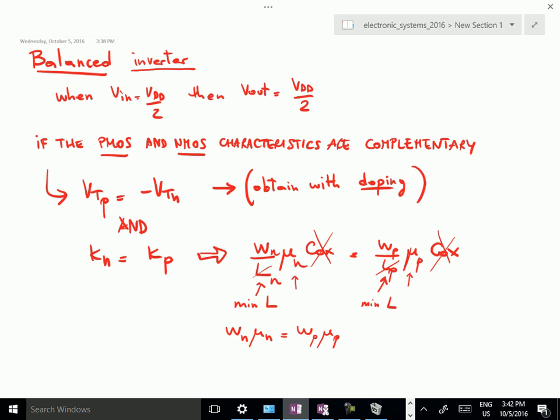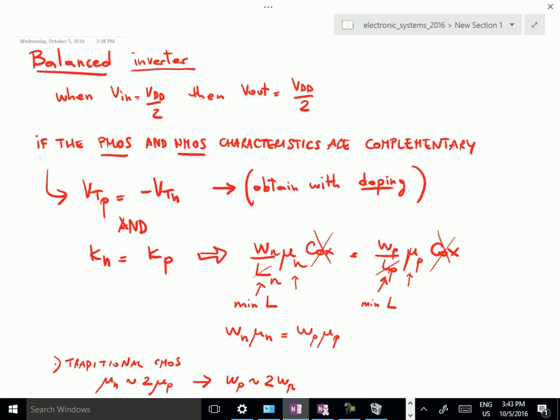Okay? In traditional CMOS, we have standard silicon in which the mobility of electrons is almost twice the mobility of holes, and therefore in order to maintain this condition we need to have PMOSFETs which are almost twice as large as the NMOSFETs.